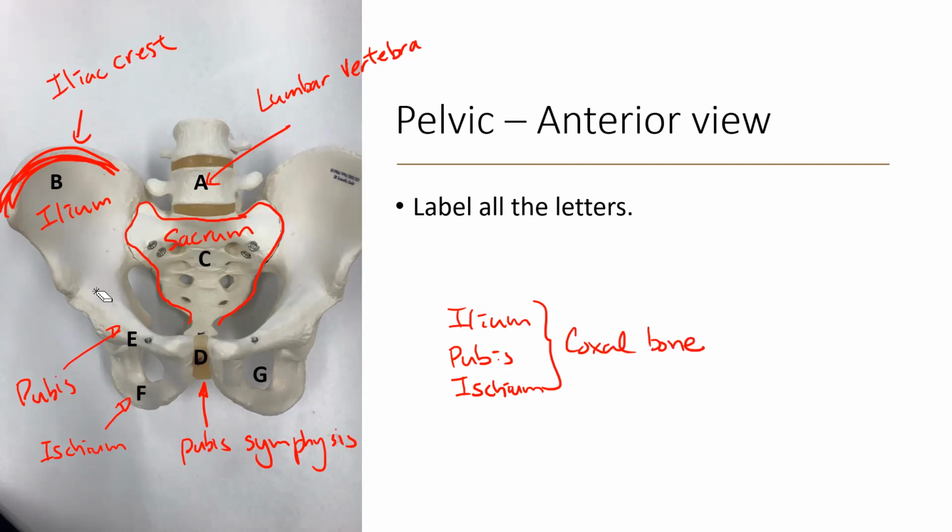One coxal bone on each side, or coxa. There's a hole here for the blood vessels and nerves to go through. That is the obturator foramen.